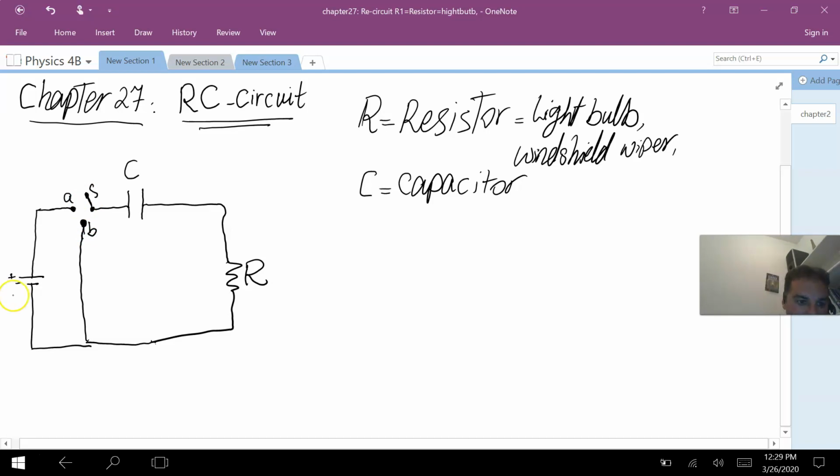And guys, let's call this one E, epsilon, which usually is V max. What does that mean? That means the voltage of power supply or battery.